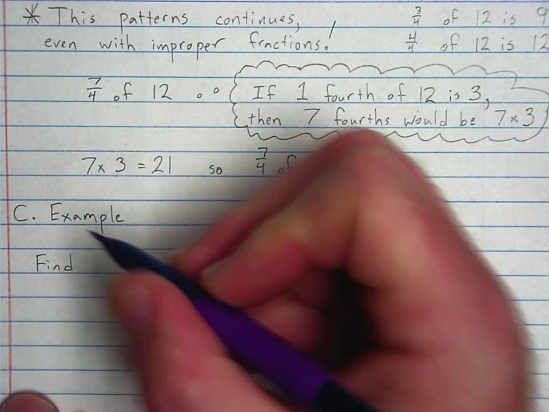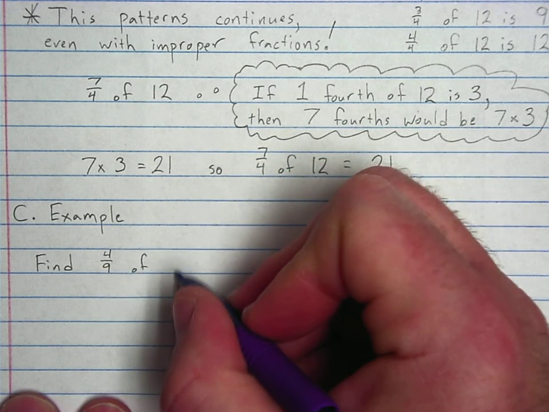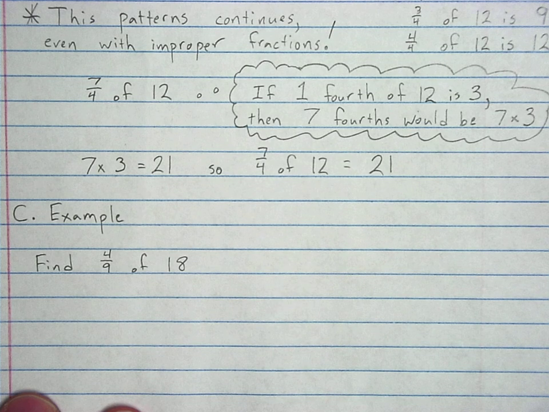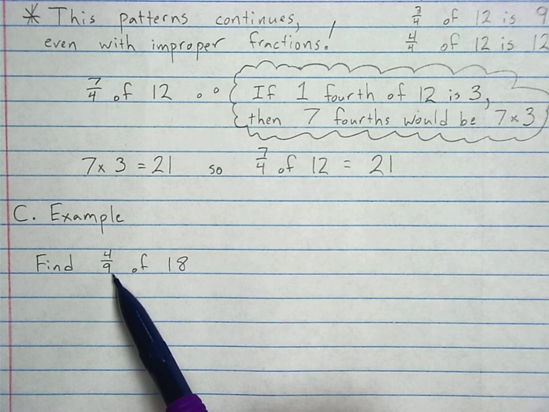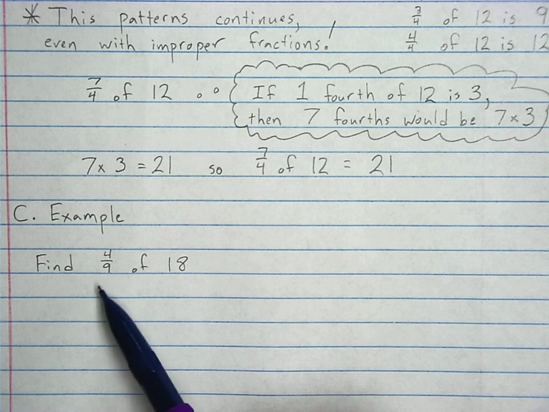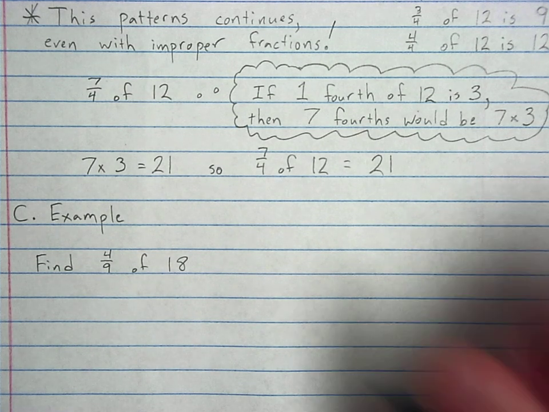If I ask you to find 4/9 of 18, I am going to start by looking at the denominator. The denominator is 9. That means I want to basically split this up, pretend I'm passing out cards to 9 people.